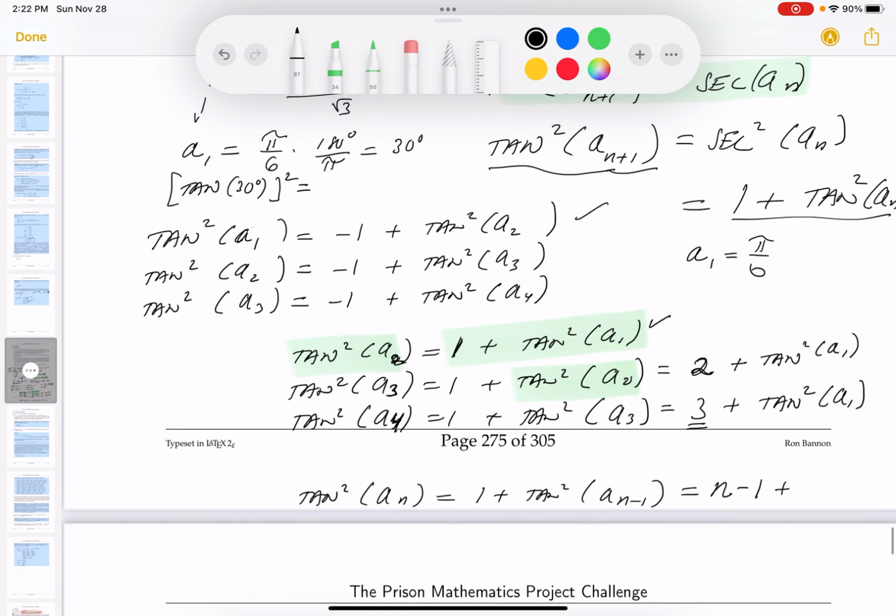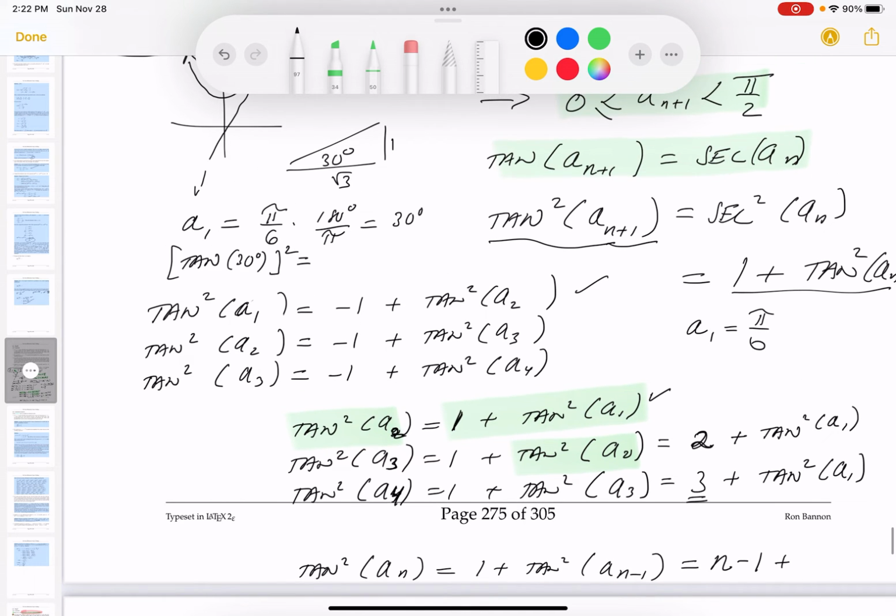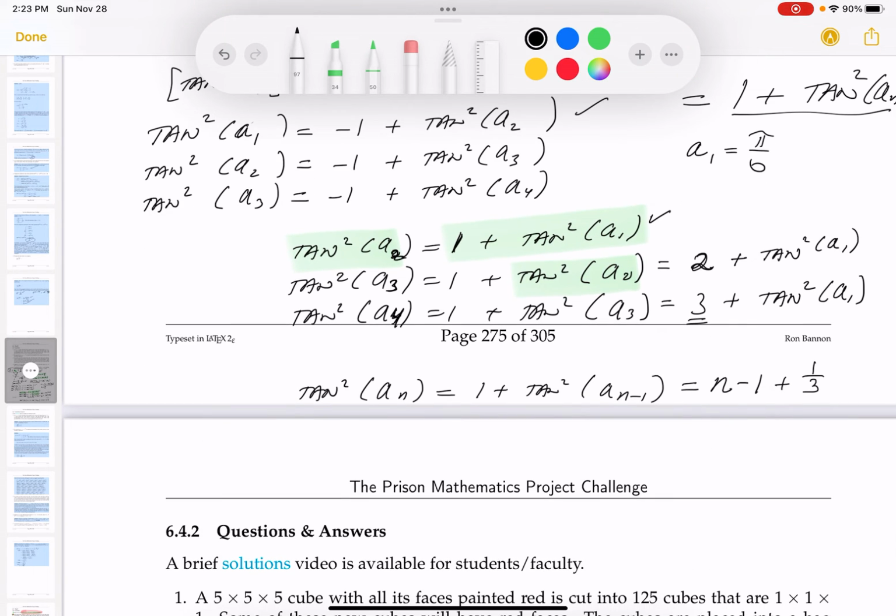And the tan of 30 degrees, I think I did that before, right? That's 1/3. Put this over here. So I got a formula. And so the tangent squared AN is going to be n minus 2/3.